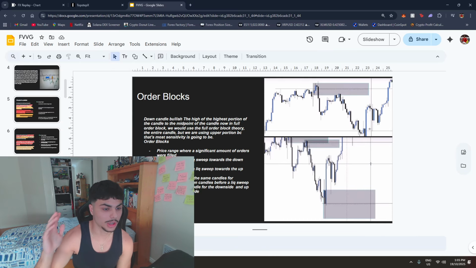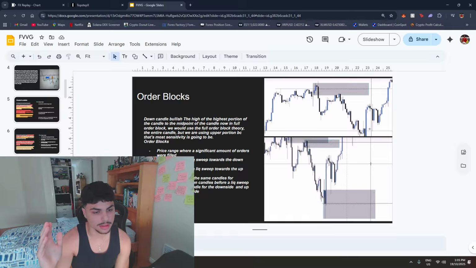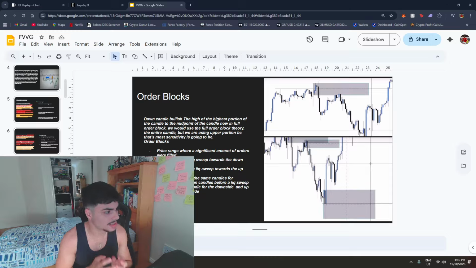So straight after a liquidity sweep, there's always going to be an order block 80% of the time, yeah? And it's basically where price ranges, where a significant amount of orders are typically filled.